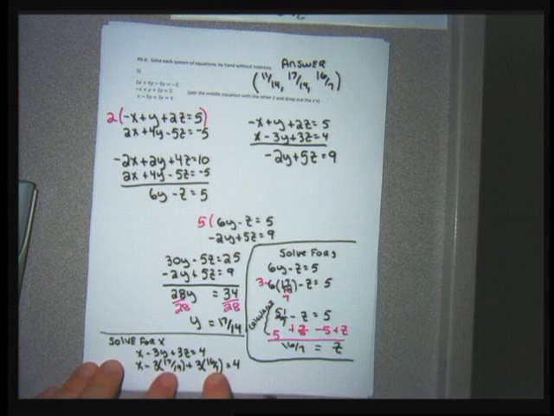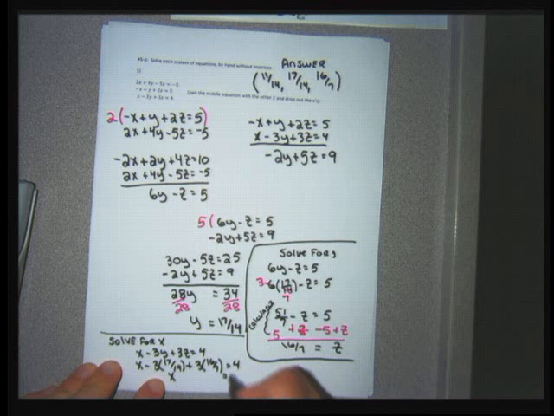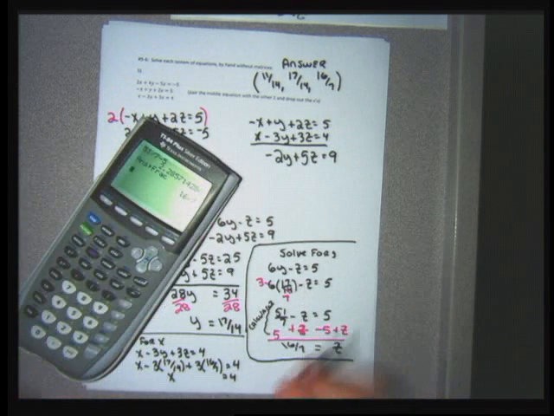These two fractions I don't want to deal with. I'm going to do these on my calculator right here. I'm going to get x something equals 4. So again, I'm going to use my calculator.